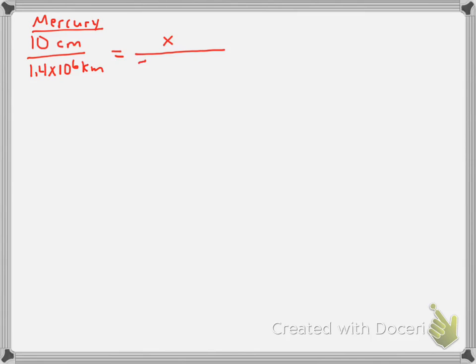Okay, so for Mercury, we're going to start with the ratio that we had on part A, 10 centimeters over 1.4 times 10 to the 6th kilometers. And that's equal to something over, the actual distance to Mercury is 5.791 times 10 to the 7th power.